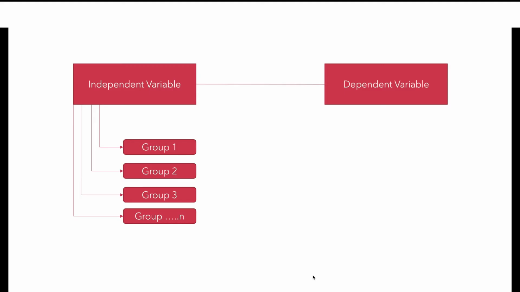So, in simple terms, in order to apply one-factor ANOVA or one-way ANOVA, we need to have two variables, one independent variable and one dependent variable. The independent variable should have three or more unrelated groups. This is the condition for the application of one-way ANOVA.